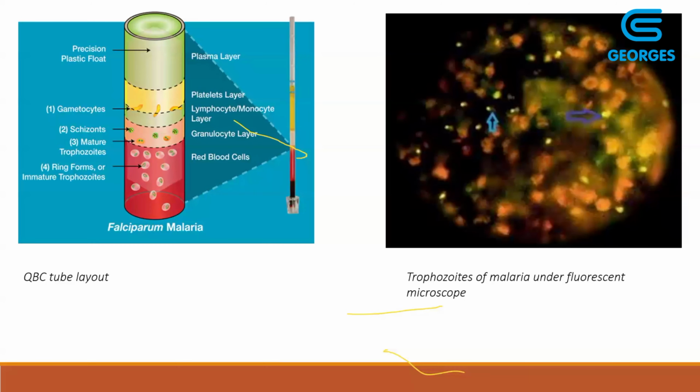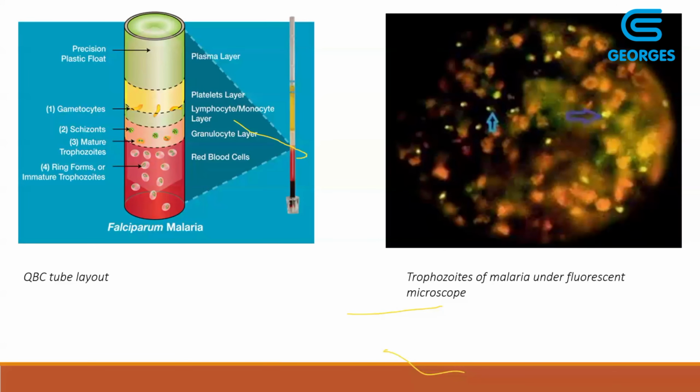We can also find the schizonts on layer number 2, and then mature trophozoites are found on layer number 3. And then the ring forms or immature trophozoites are found on the 4th layer. And this is where the RBCs provide the dark background for reviewing of these parasites.